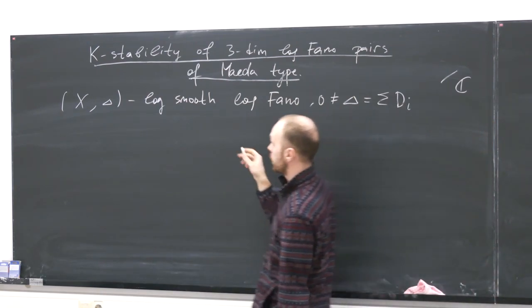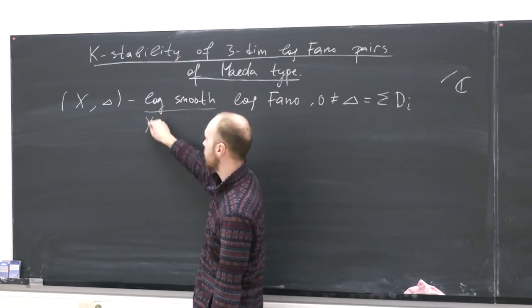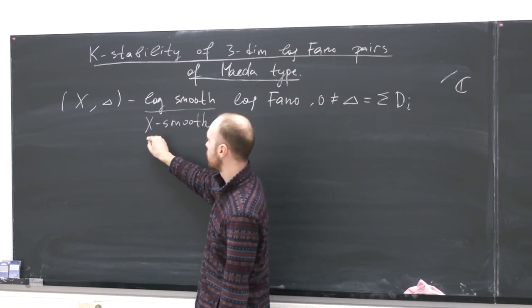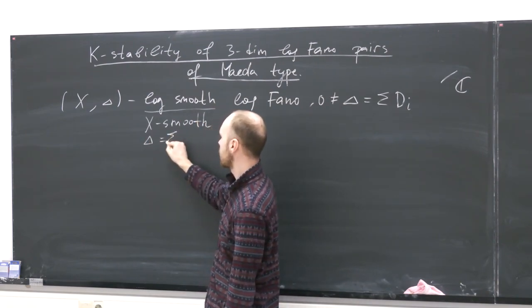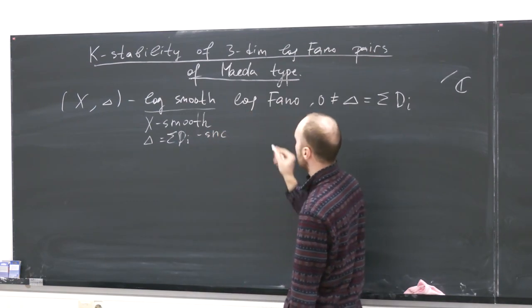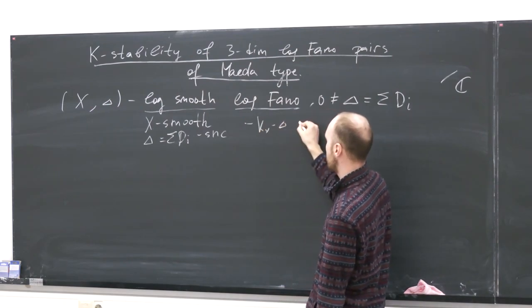Let me comment on the assumptions. So log smooth means that X is smooth, and delta is a simple normal crossing divisor. And log Fano means that minus K_X minus delta is ample.